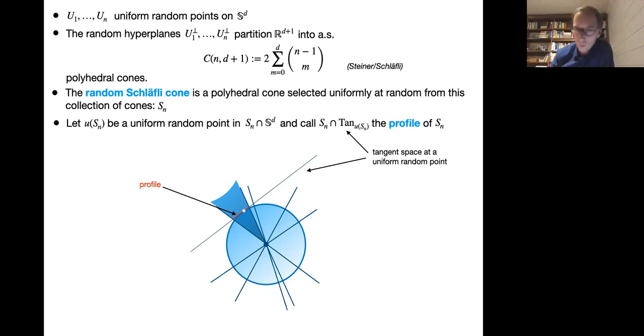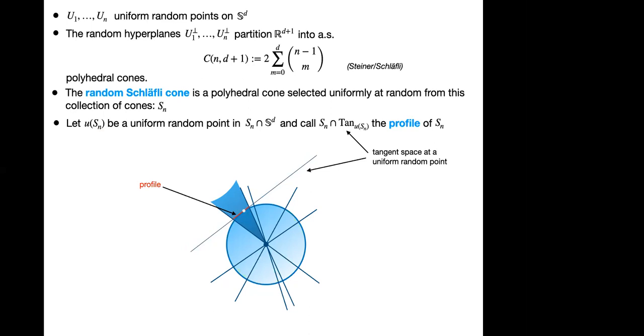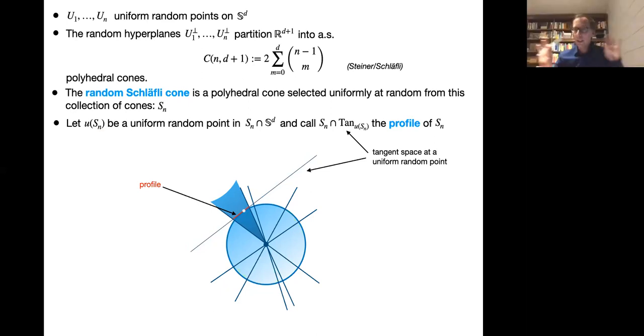And for this random cone, you also choose a random point in the intersection with the sphere. And then you have the random tangent space, and you intersect this random tangent space with your random cone. And this gives you a random polytope. But these two random choices are independent of each other, correct? Yeah, they are independent of each other. I didn't say this, but of course, it's independent. But conditionally independent: given S_n, the U is independent.